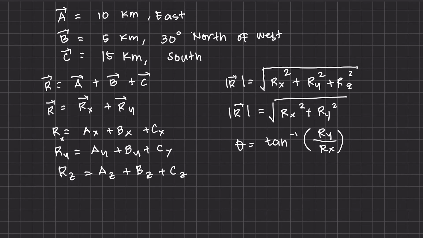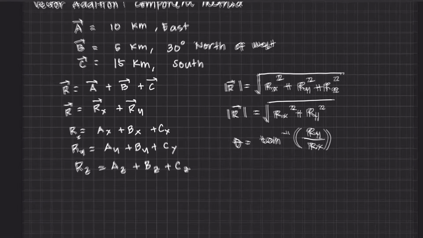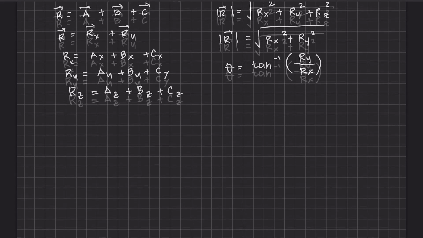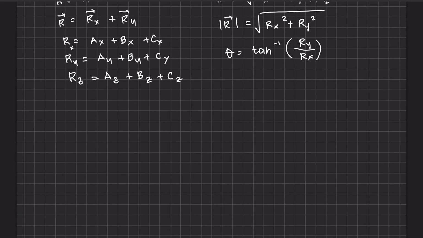Okay? So before anything else, I want to roughly sketch my 3 vectors. So I have there 10 kilometers east, 5 kilometers 30 degrees north of west, and 15 kilometers south. So let's start with vector A. This is just a rough sketch. I want my Cartesian plane now. I will connect them head to tail. So I will start here.